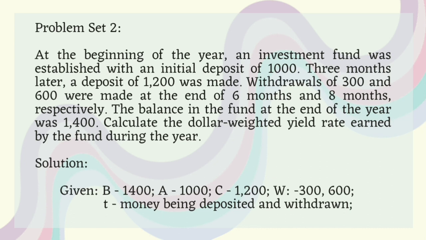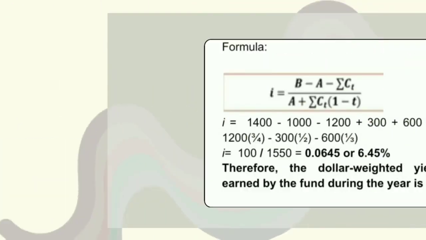The withdrawals are 300 and 600. The times when money was deposited and withdrawn are 3 months, 6 months, and 8 months.